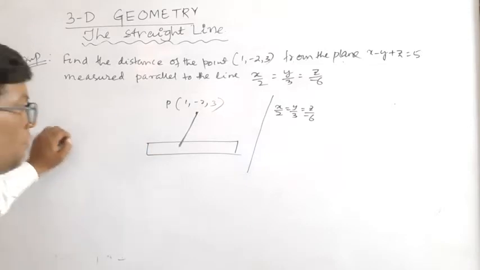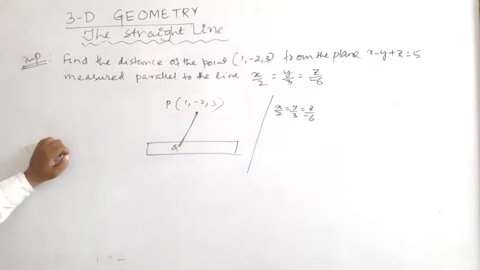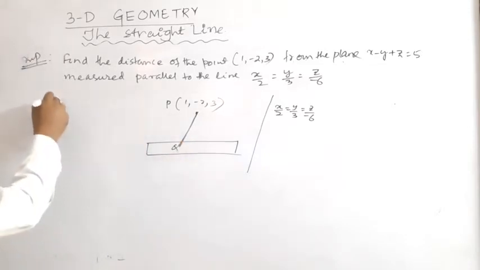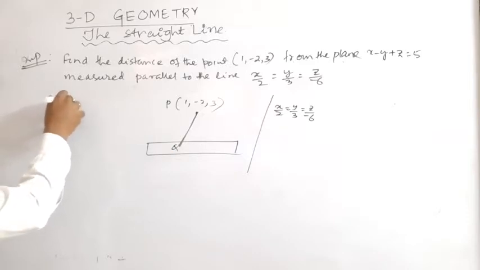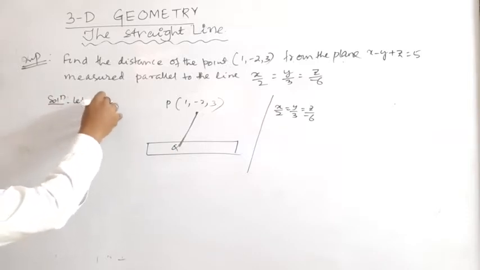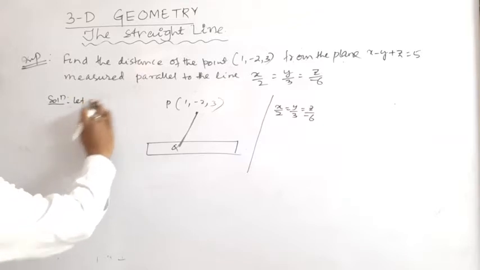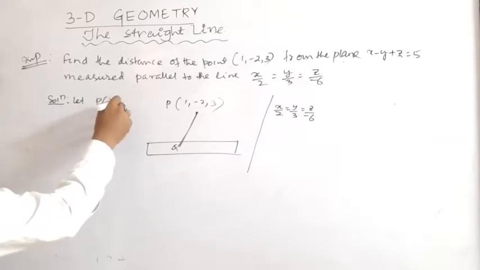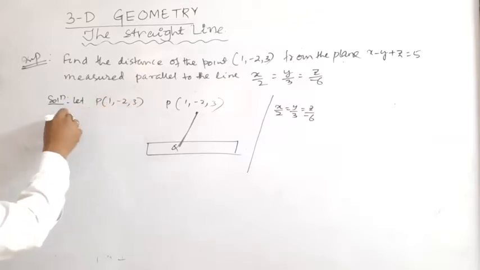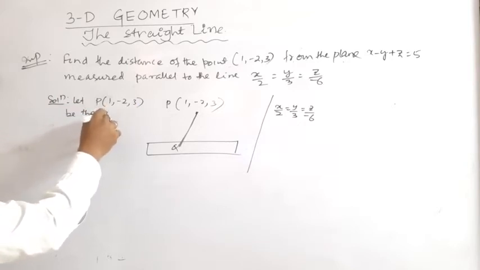Suppose this is the point PQ. Solution: let P (1, minus 2, 3) be the given point.